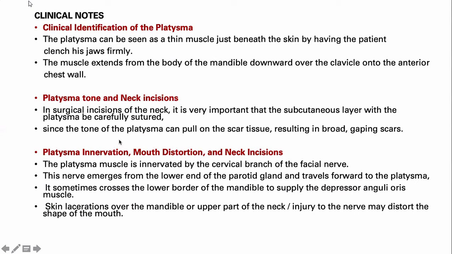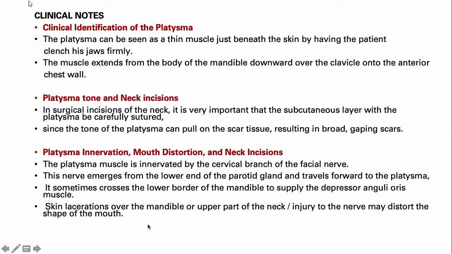For platysma innervation and mouth distortion, the platysma muscle is innervated by the cervical branch of the facial nerve. This nerve emerges from the lower end of the parotid gland and travels forward to the platysma. It sometimes crosses the lower border of the mandible to supply the depressor anguli oris muscle.